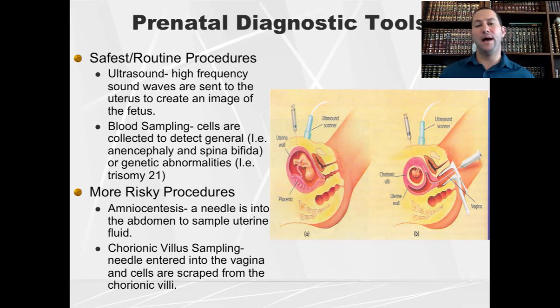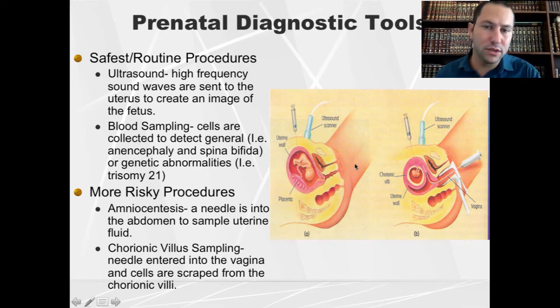Now let's talk about the more risky procedures. So the two are amniocentesis and chorionic villus sampling. So amniocentesis. Now this, if you look at the picture, I'm moving my cursor here, look at the first one. So here you have the vaginal canal, here you have the chorion, here's the baby, and in this red here, this is fluid.